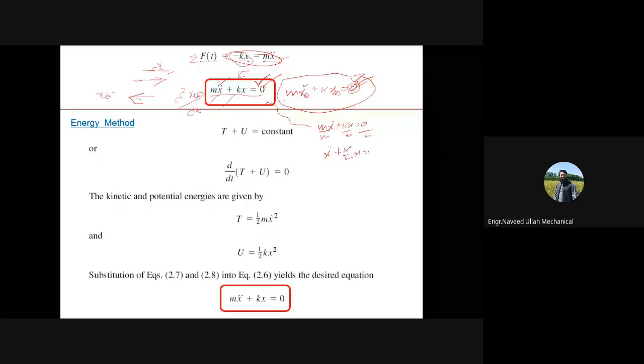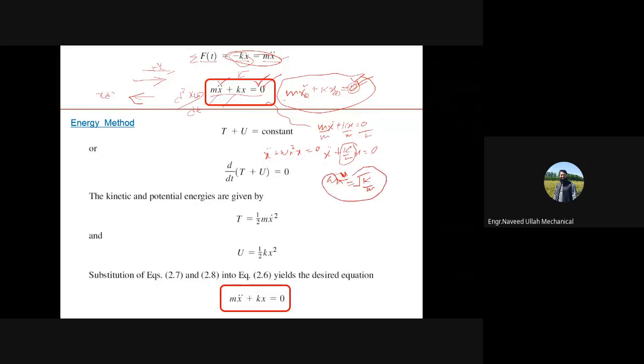This k by m is basically the coefficient of displacement, and it shows the square of the natural frequency, okay? So I can write this as x double dot plus omega n square x is equal to 0. Or you can write it as omega n equals under root k by m. So this is the circular natural frequency of the system.